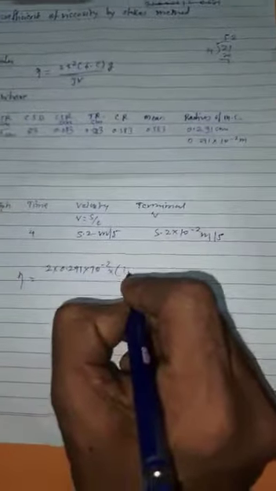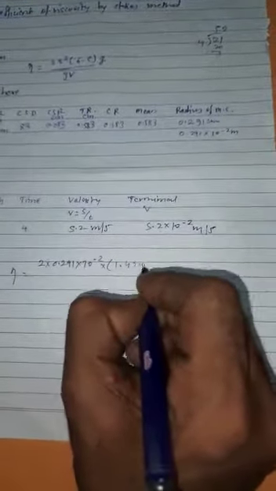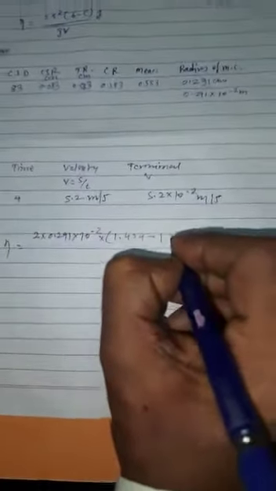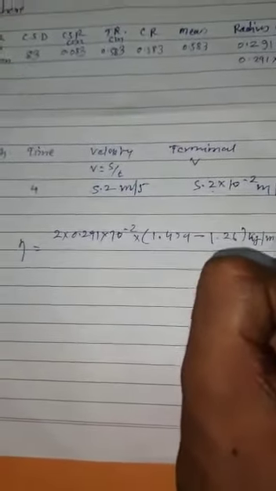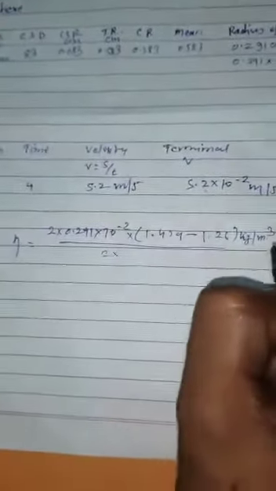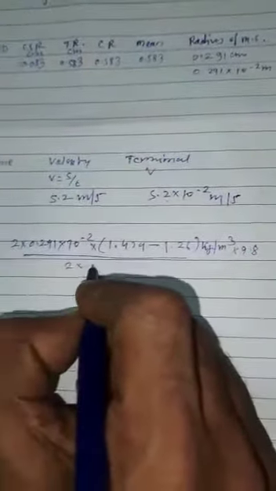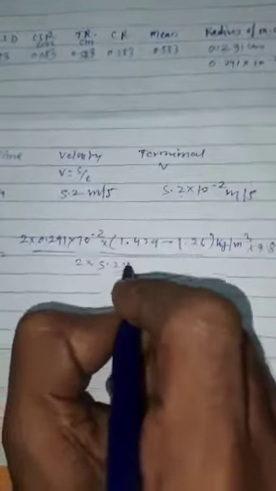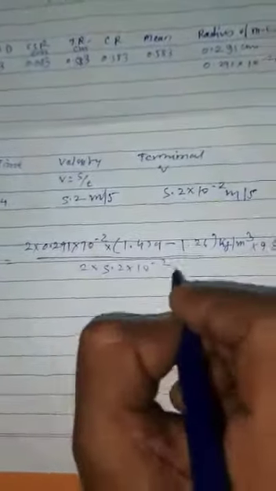So we will take 1.429 minus 1.26 kg per meter cube, upon 2 into V, 9.8, 2 into V, that is 5 into 2, 10 to the power minus 2.